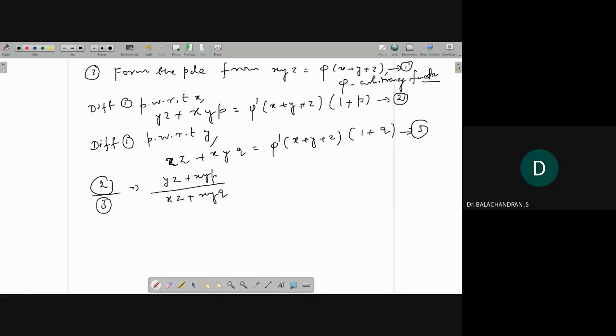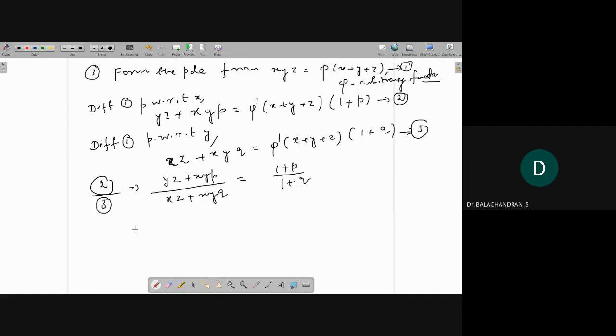So phi dash of x plus y plus z divided by phi dash of x plus y plus z cancel. So remaining we have 1 plus p divided by 1 plus q. Cross multiply and simplify, and you should write finally in terms of what? P into something plus q into something is equal to a function of xyz. So that is the final answer.